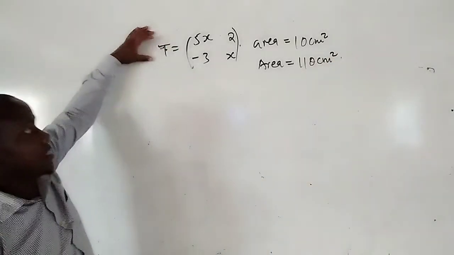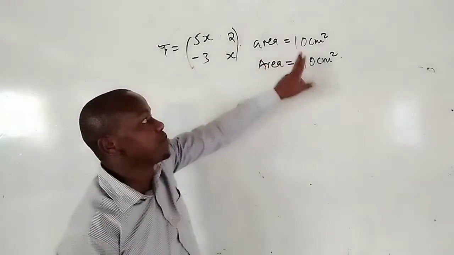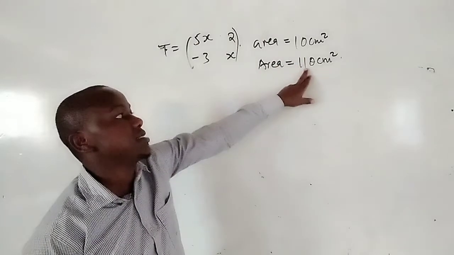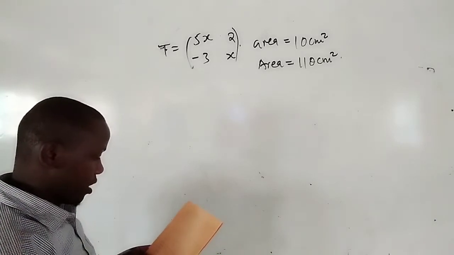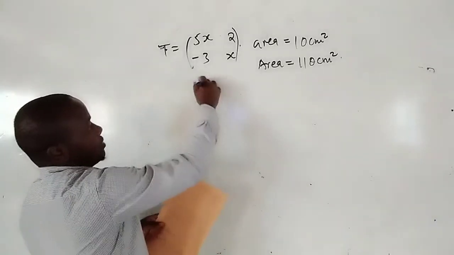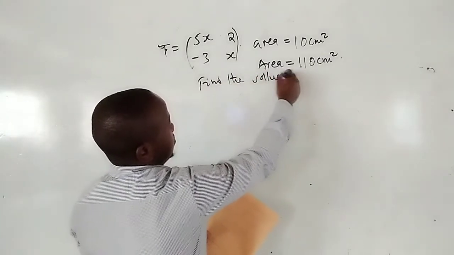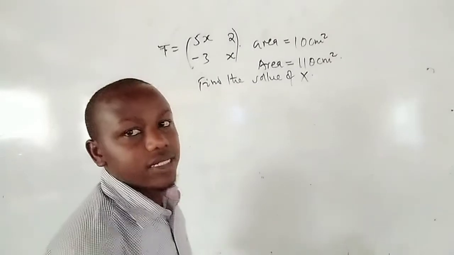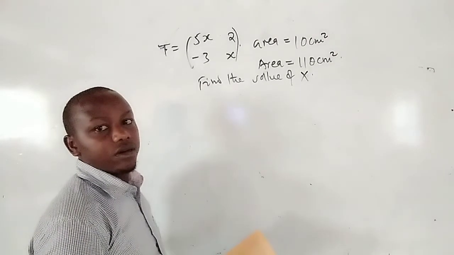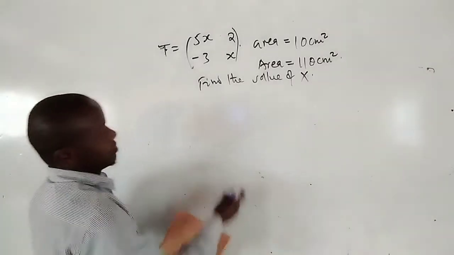So under this matrix of transformation, a square whose area is 10 is mapped to another square whose area is 110 square centimeters. Then we're told to find the value of x.